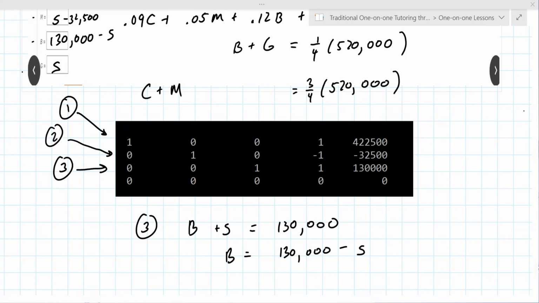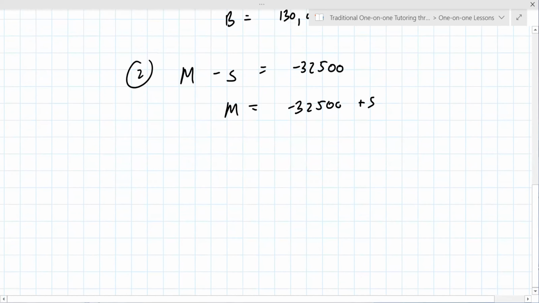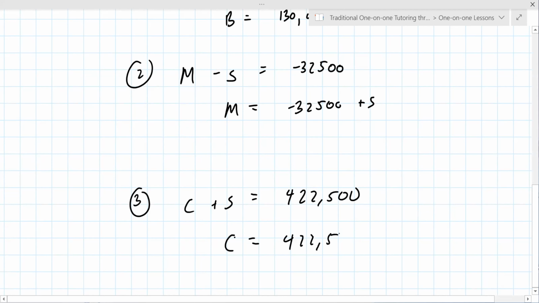The last one there is C plus S equals 422,500. So then it's just subtracting again. So C equals, is it 40? Yeah, 422,500 minus S. That's that last one there.